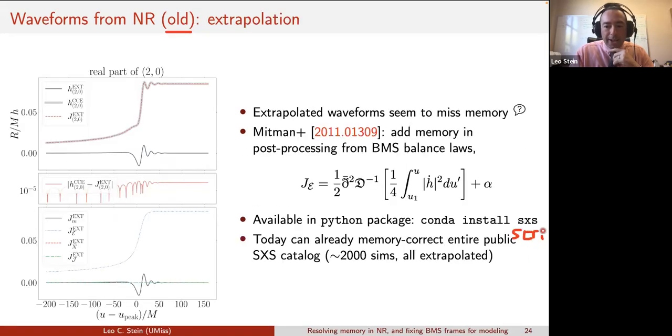It's S-C-R-I, which you can install, which does this memory correction. But actually, we've done this entire memory correction on all of our public waveforms. So if you install this SXS package and you say, get me waveform number 309 or something, then you'll get the waveform that has the memory correction put into it already.